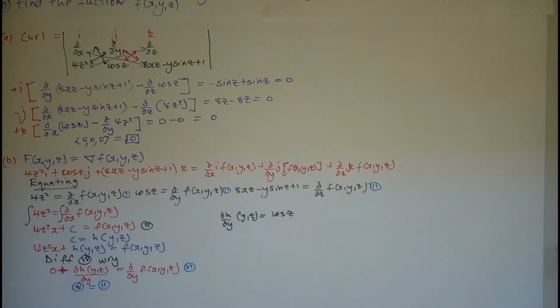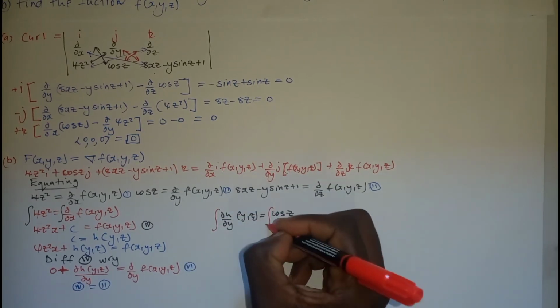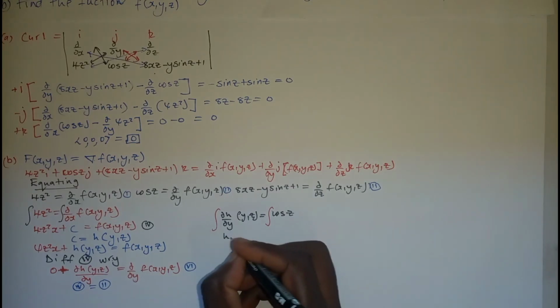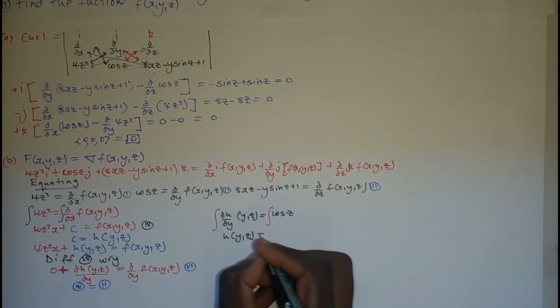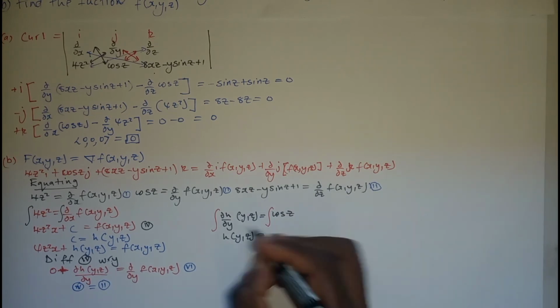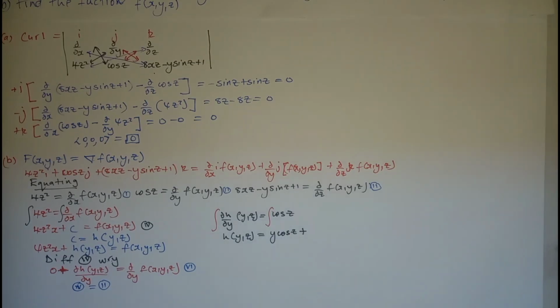Now, since this is a simple differential equation, again I'm going to integrate it, in this case with respect to y. So I'm going to have h of y z is equal to the integral of cos z with respect to y. It's going to be y cos z plus the constant here.